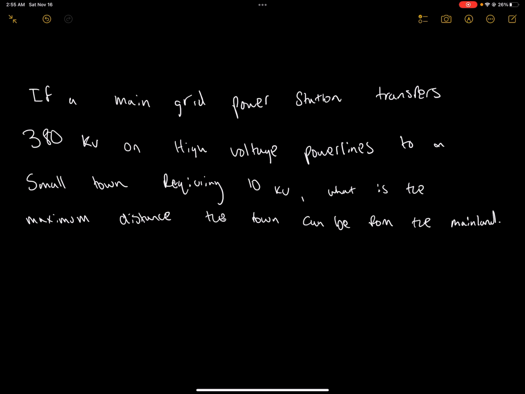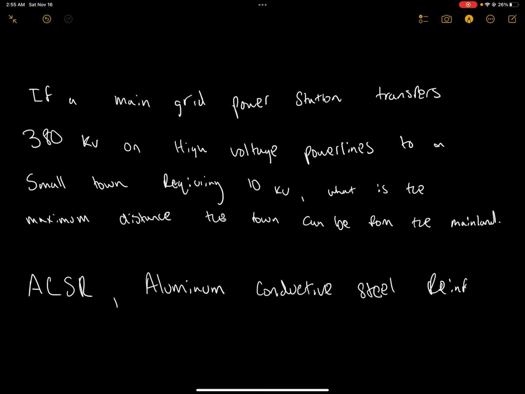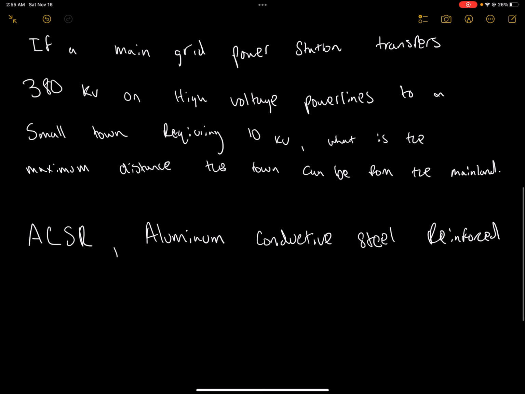Nowadays, they are what's known as ACSR, which stands for aluminum conductive steel reinforced. This is the material used in those power lines, which is important because by knowing the material, we get rho.